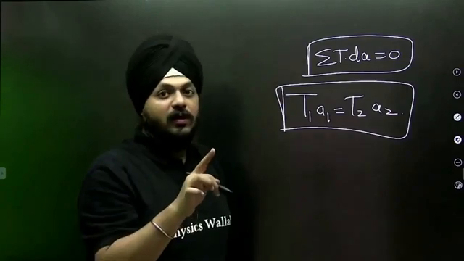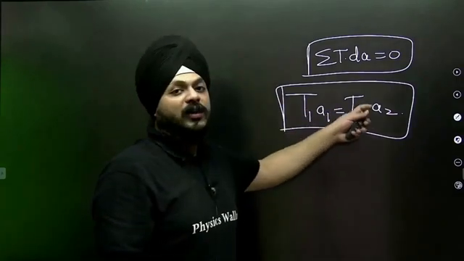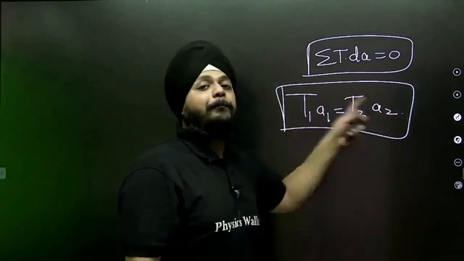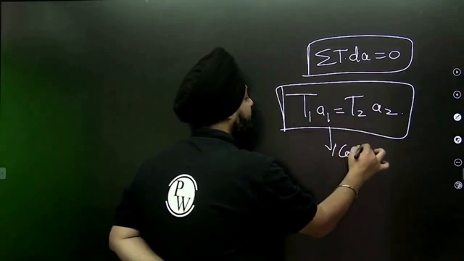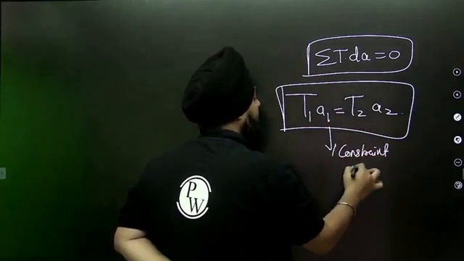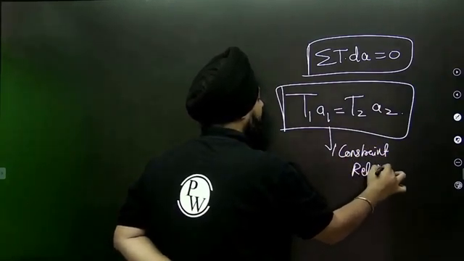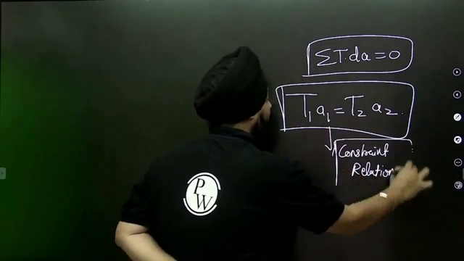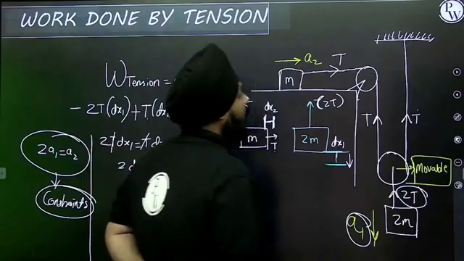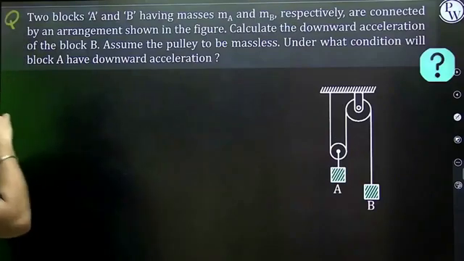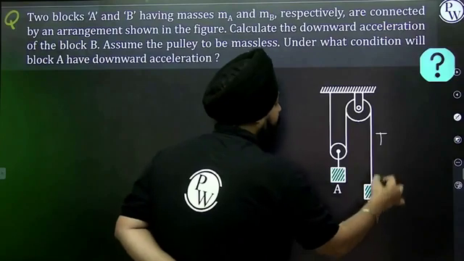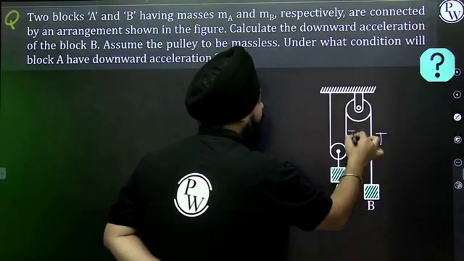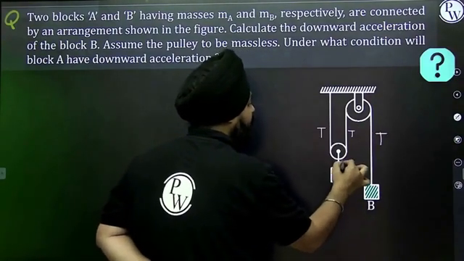For the two blocks, take the tension of each block with its respective acceleration and just compare directly to get the constraint relation. See how easily we are going to use this method to solve this. Suppose tension is T, the same string tension will be T here, and here the tension will be 2T.